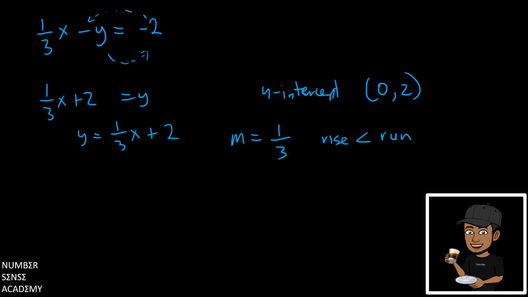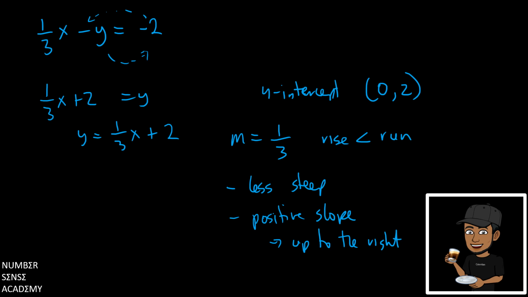So in this case, this line is less steep than the previous example where the slope was 1. So it's closer to flat. And we also know that it is a positive slope, meaning it goes up to the right.